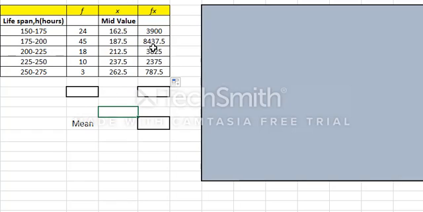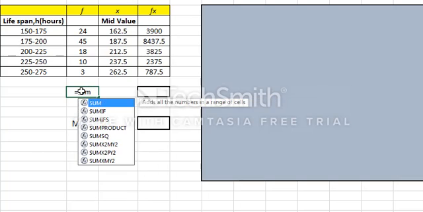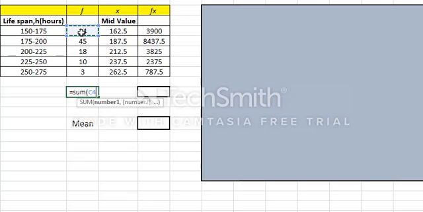Okay, so there we go. Those are the values. Let us now find the total number of frequency. So those are the 100 bulbs.